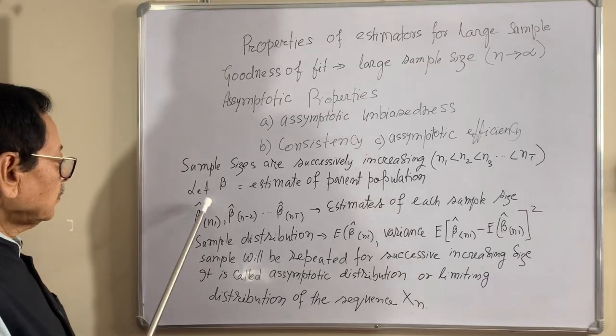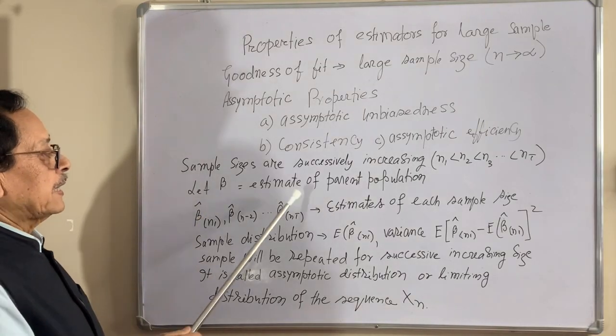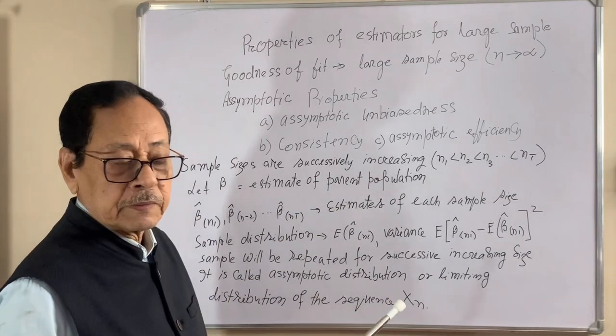Suppose beta is the estimate of the parent population.